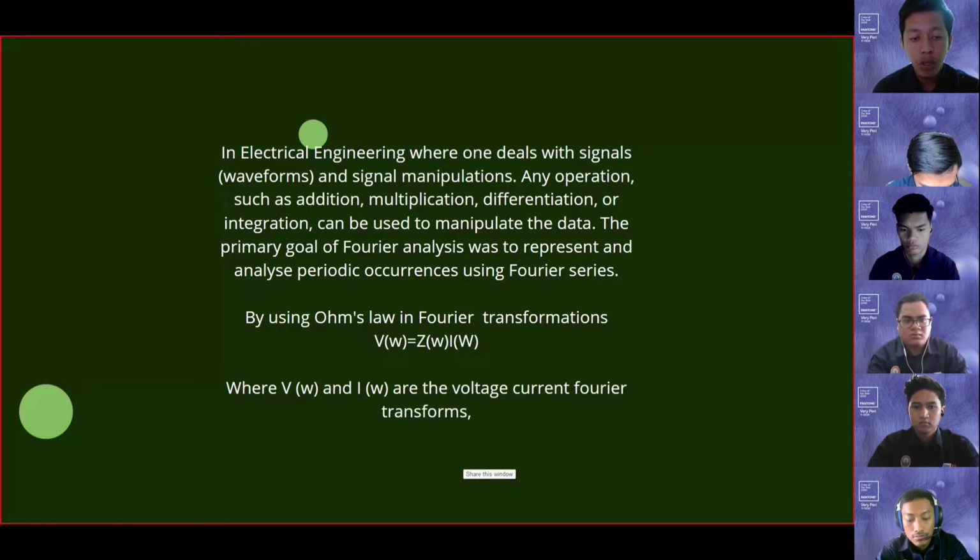The primary goal of Fourier analysis was to represent and analyze periodic occurrences using the Fourier series. By using Ohm's law in Fourier transformation, V omega equals Z omega I omega, where V omega and I omega are the voltage and current Fourier transforms. Next slide.